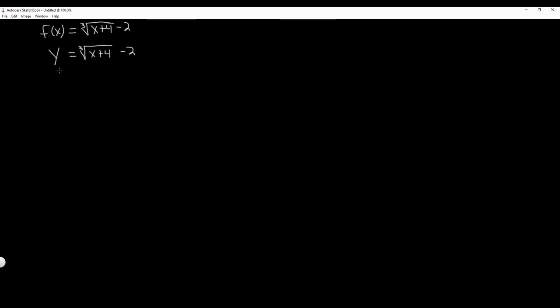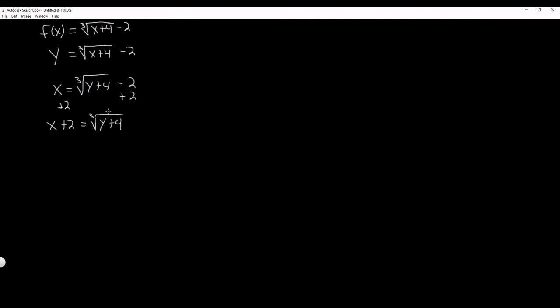And then we switch x and y, so x is going to be equal to the cube root of y plus 4 minus 2. And then from here we just solve for y, so we can add 2 to both sides, and we'll get x plus 2 is equal to the cube root of y plus 4.